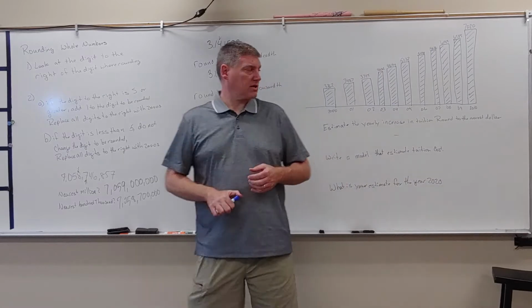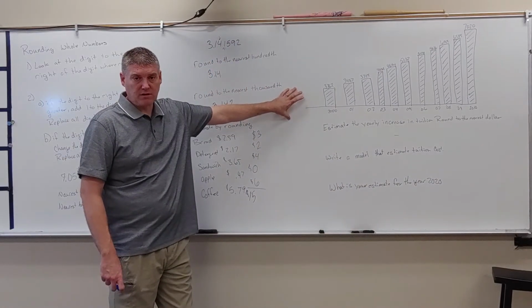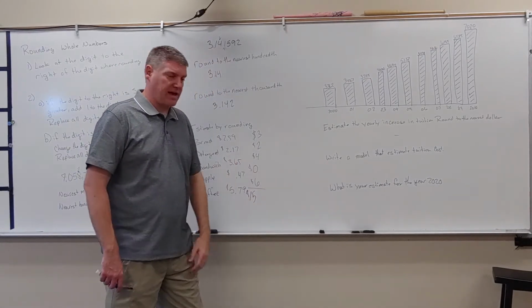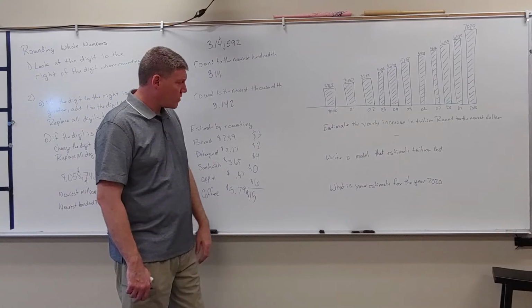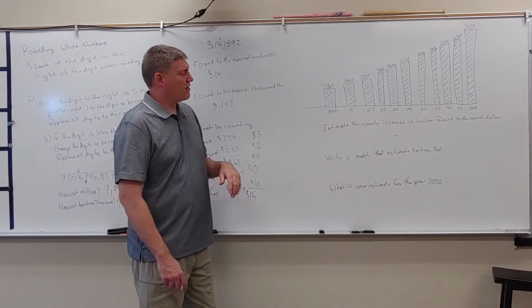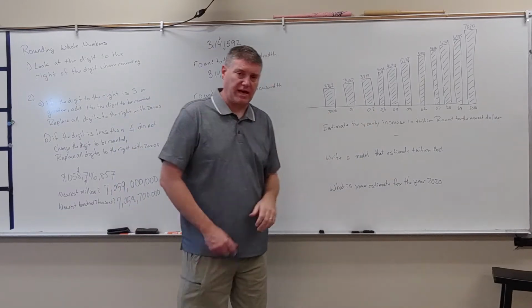Now, the last thing we're going to talk about is kind of getting information from graphs and then coming up with a model and estimating from that. So these are the tuition costs for a state university from 2000 to 2010.